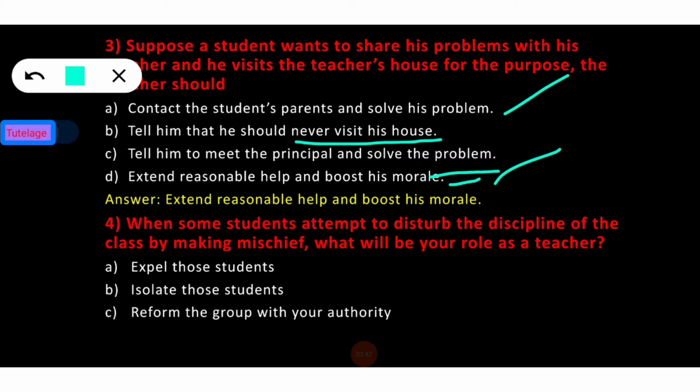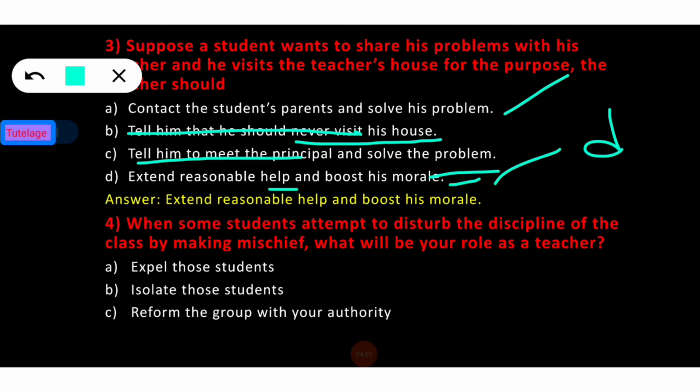Only option D is the correct answer, because the teacher should extend reasonable help and boost his or her morale.